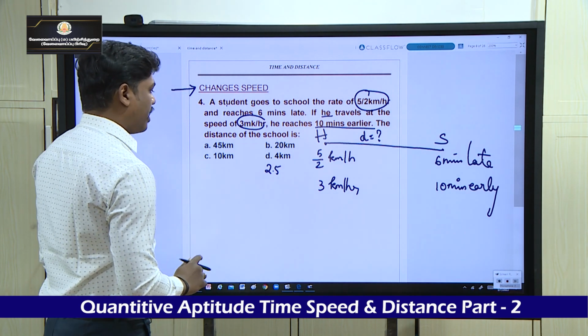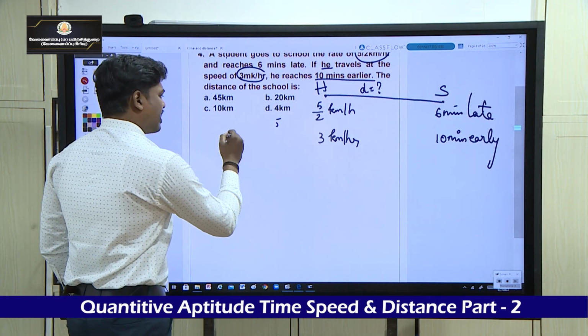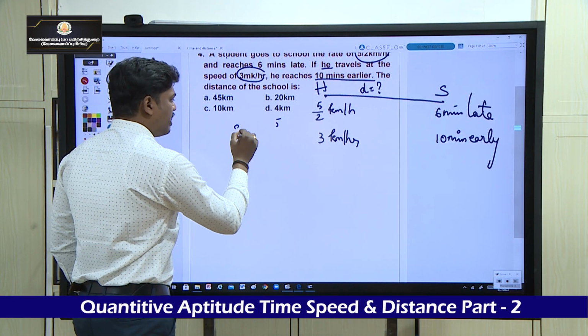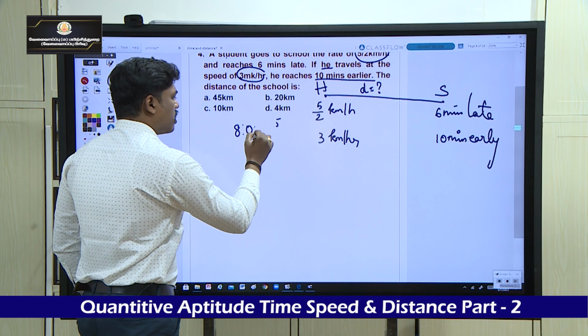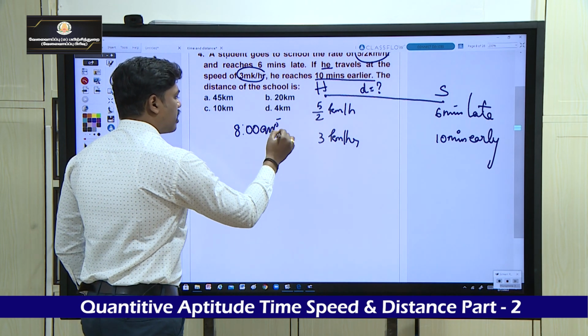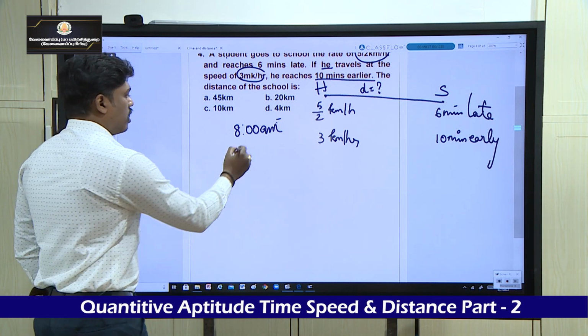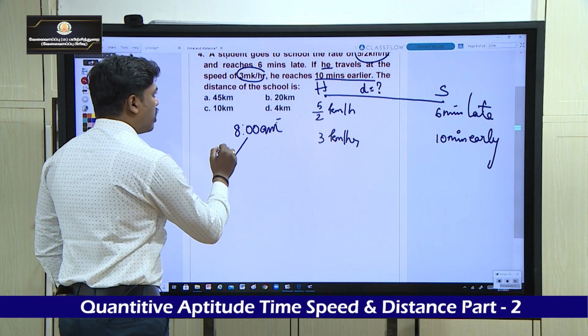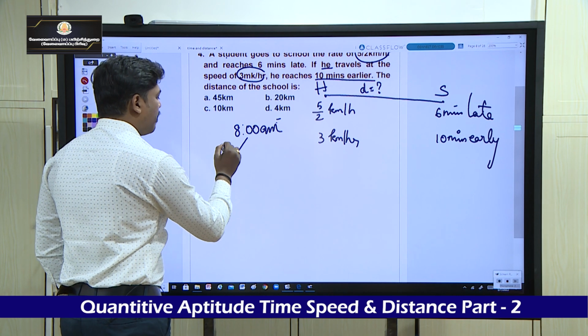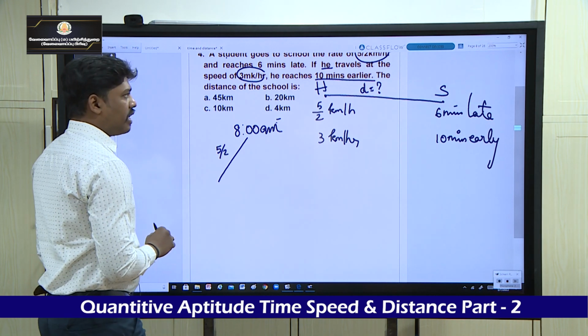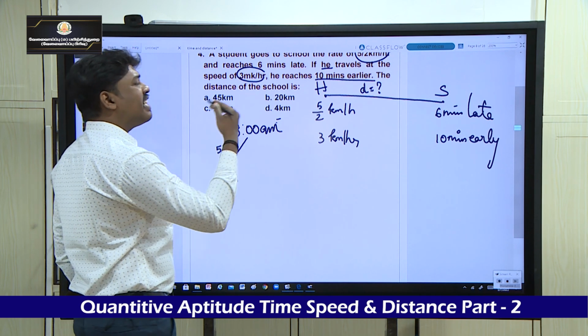Okay. Let me tell you here. For example, assume the school starts at 8 a.m. Just assume if the boy moving at a speed of 5/2 kilometer per hour, he reaches 6 minutes late.